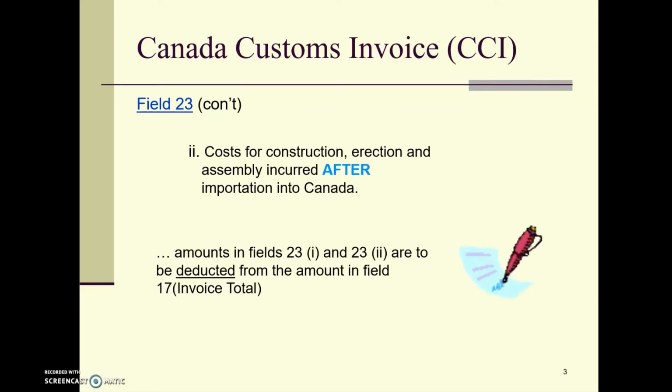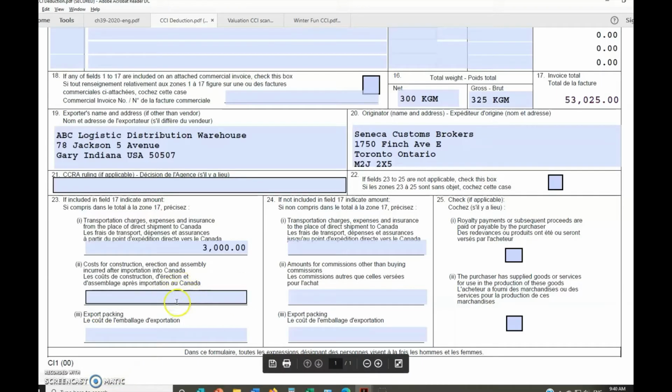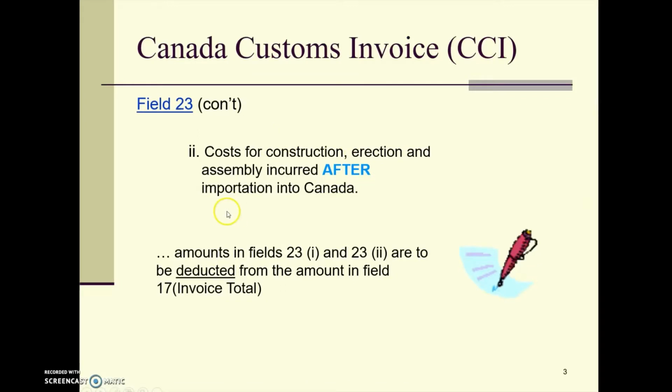Well, in that case, if you indicate the amount here, we can deduct it from field 17 because we don't have to pay duty on installation costs.